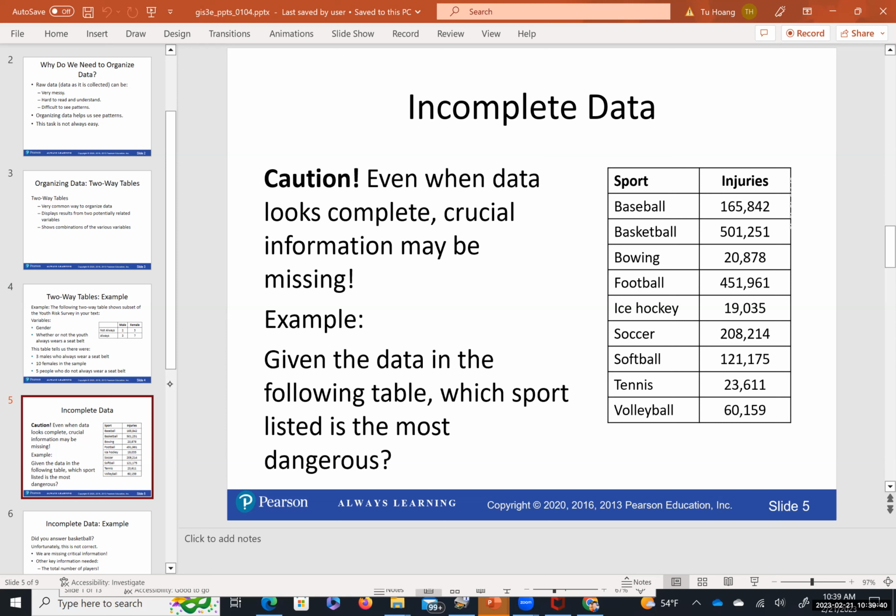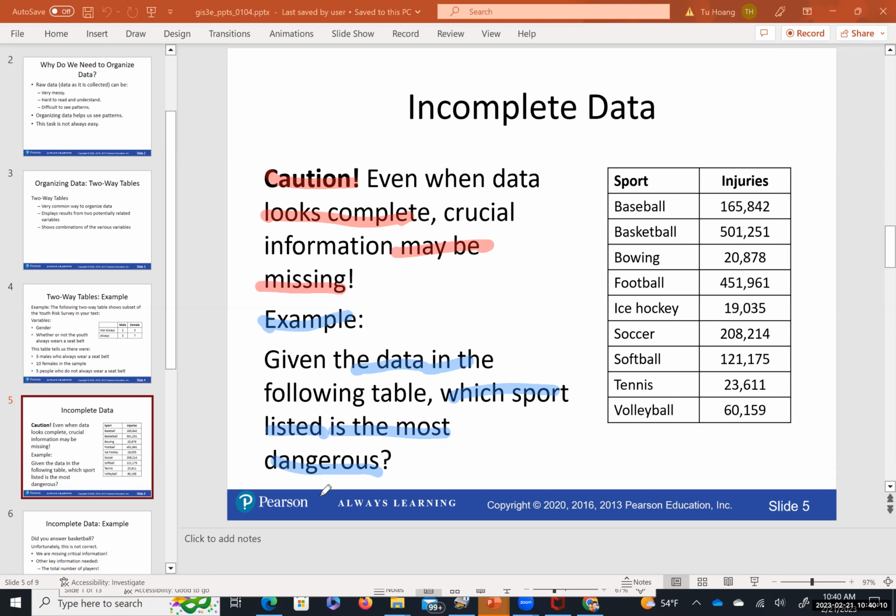For example, given the data in the following table here, which sport is the most dangerous?